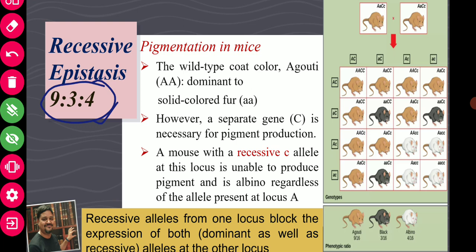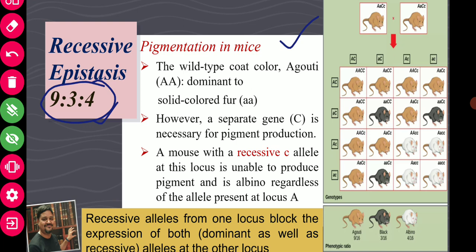For the examples of recessive epistasis, I have tried to include more and more examples from the animal side, but in many cases I failed to collect examples from the animal side, so there I have given examples from the plant side.